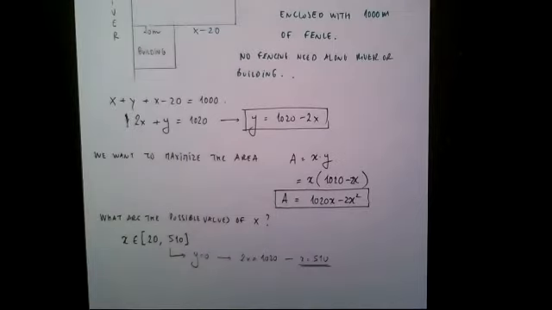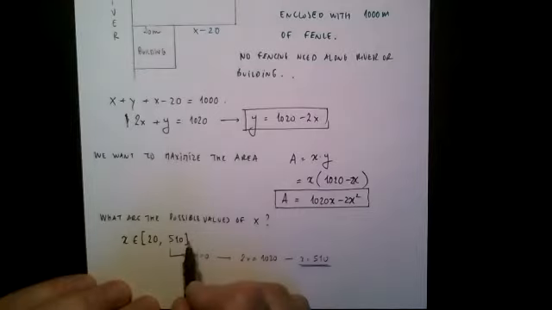I have a question. Would it be open brackets? Because we know obviously Y cannot equal 0. So why are we including the 510? It's not impossible. Why is it impossible?